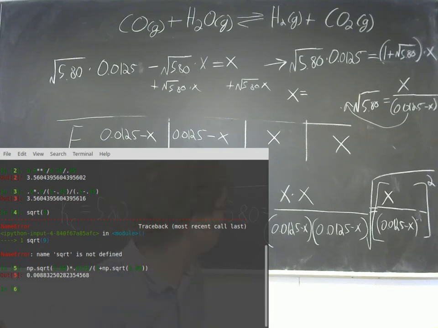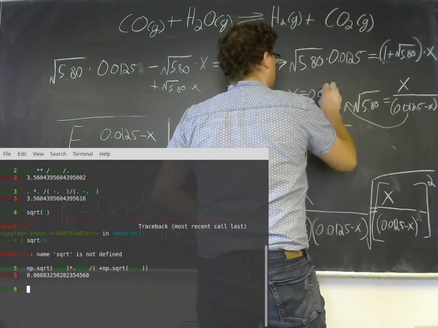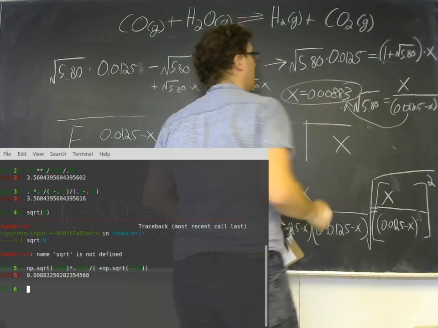And I get a value of x equal to 0.00883.